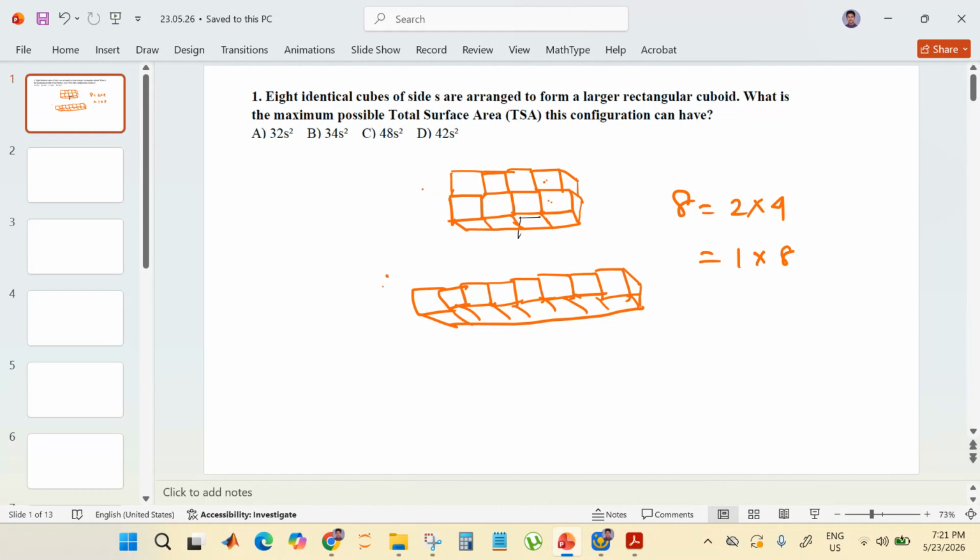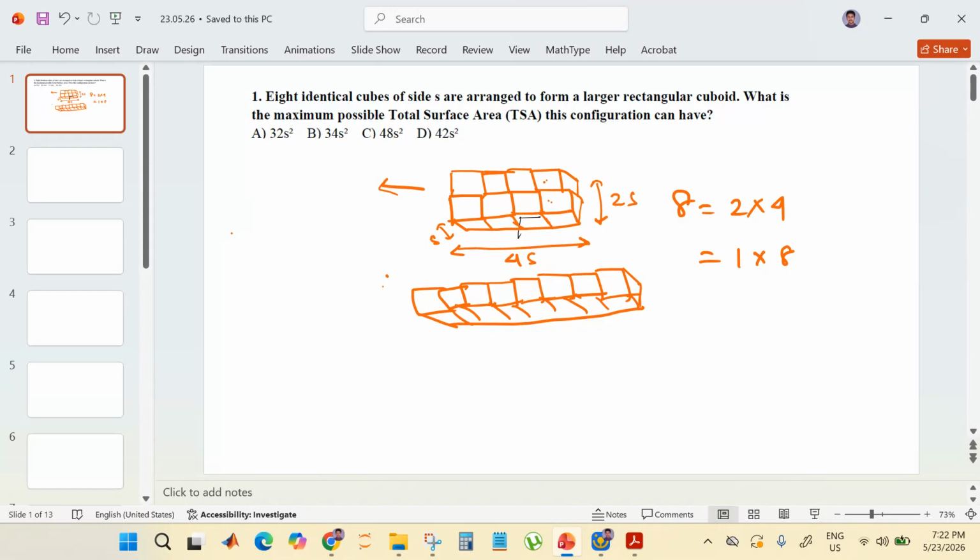So if we consider this structure, then what happened? The side is S. So in this side you can find 4S, and in this side it is 2S, and the width is only S. So total surface area, we know the formula.